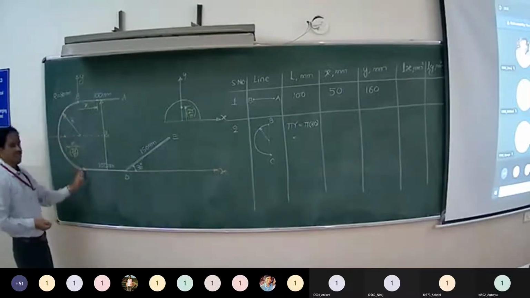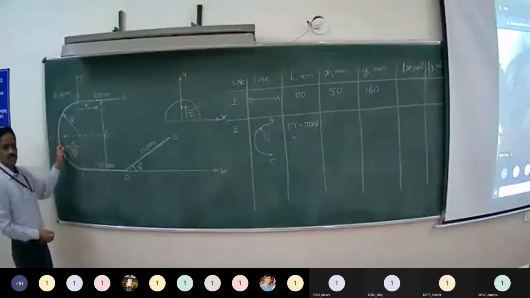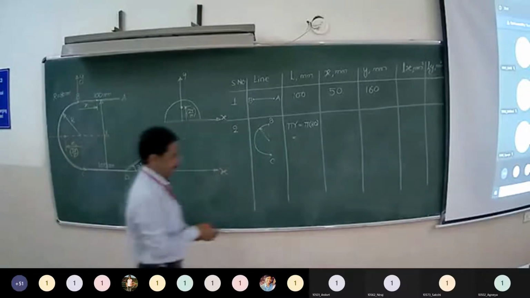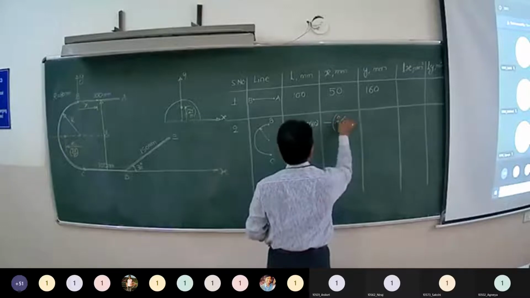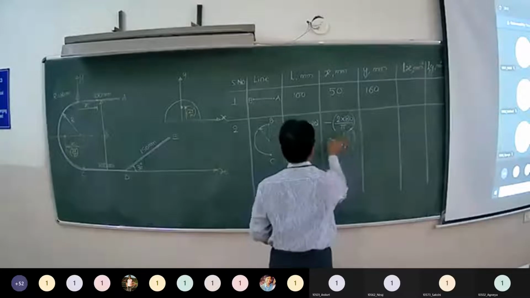Remember, length of this line cannot be negative. But the position coordinates can be positive or negative depending on the position or location. So here x2 is minus 2r by pi, minus of 2 into 80 upon pi.